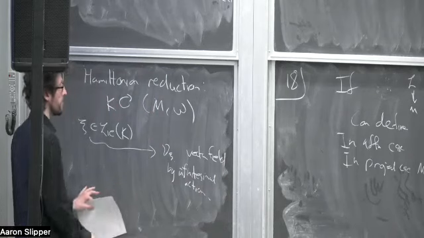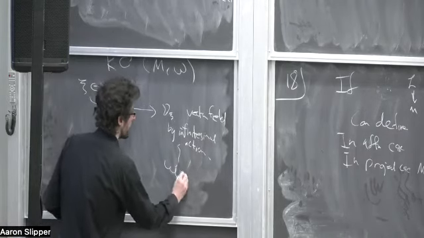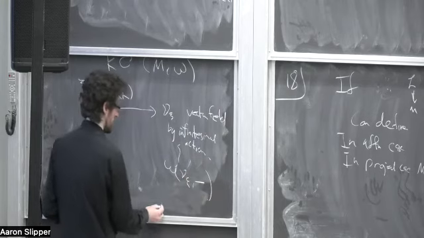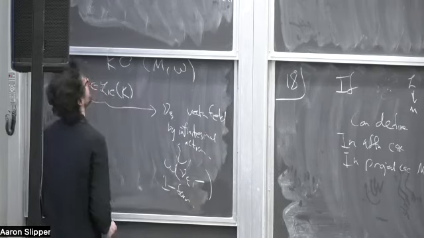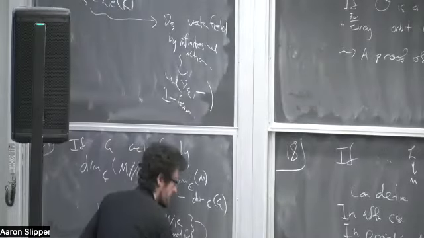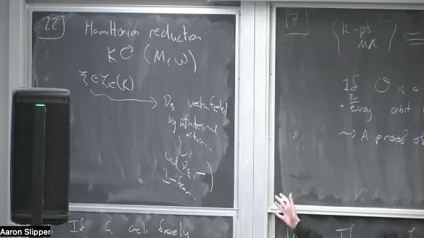Now from that I can get a one form by pairing it with omega. If this one form is exact, then I can get actual functions by picking a function that differentiates to this one form.